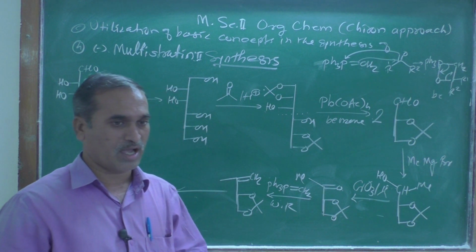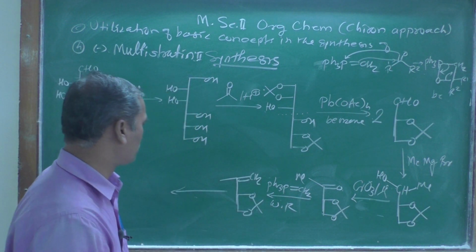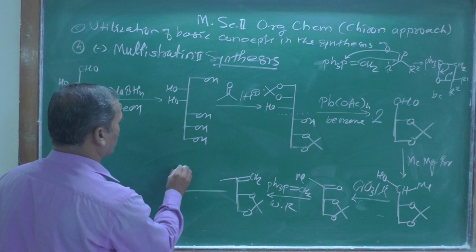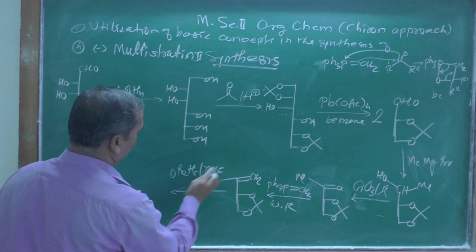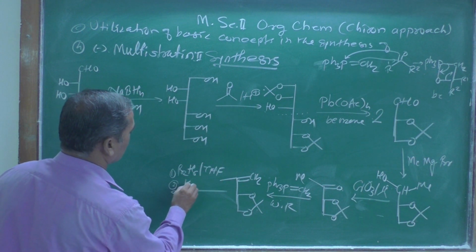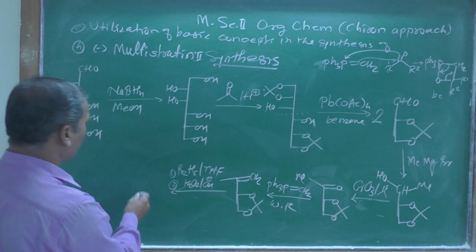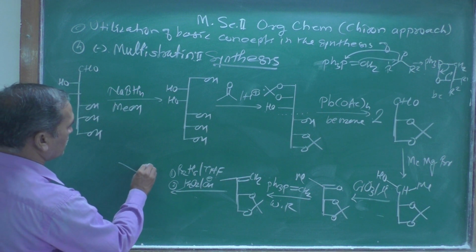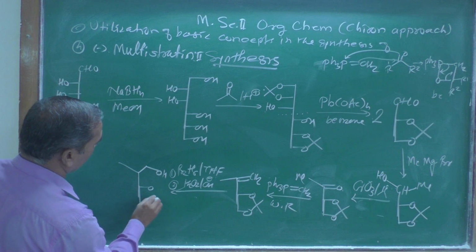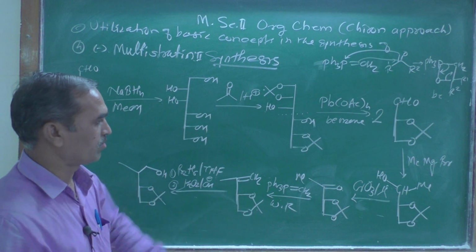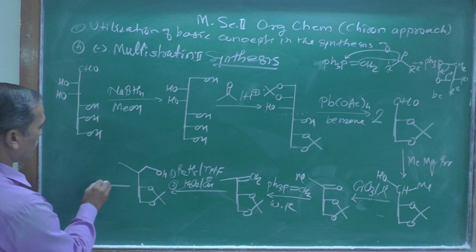Hydroboration oxidation gives the alcohol according to anti-Markovnikov's rule, and therefore the reagent used there is B2H6 in presence of THF, tetrahydrofuran, and second H2O2 in presence of OH minus. It will give you this OH, and this protected group remains as it is because we are already protecting this.